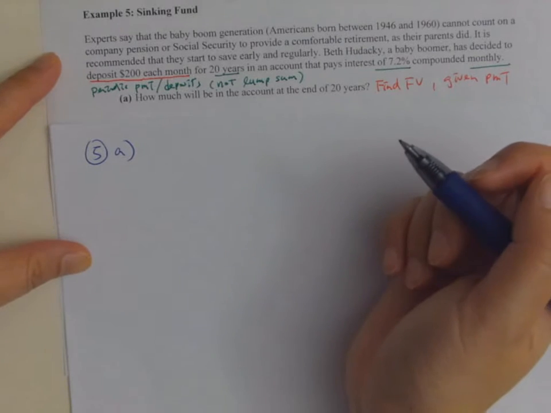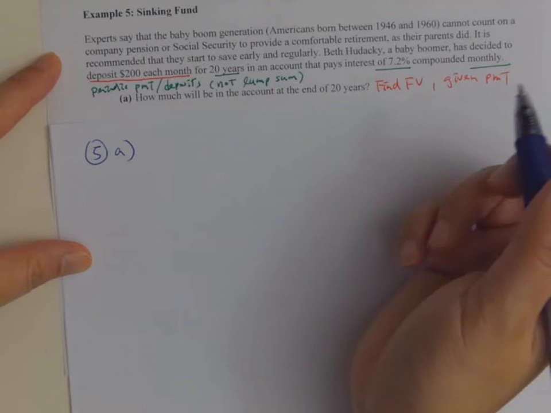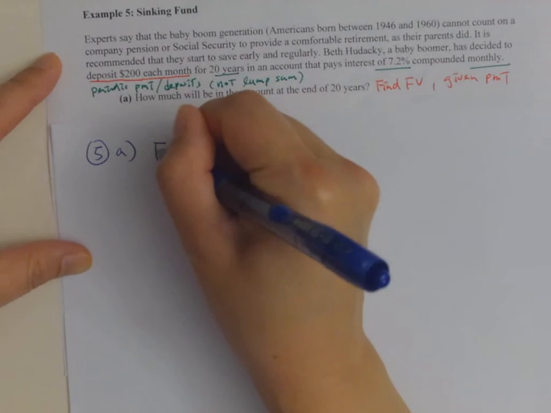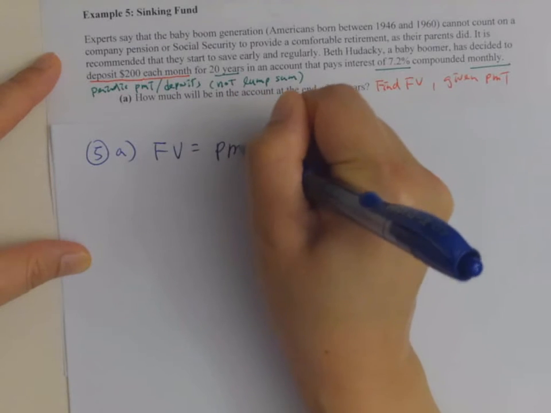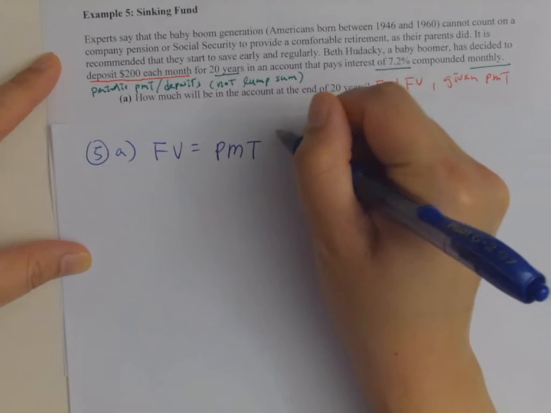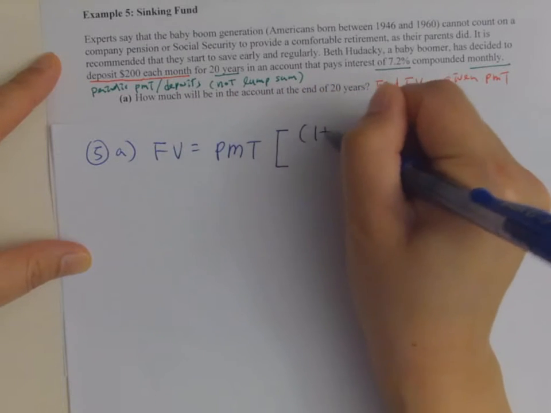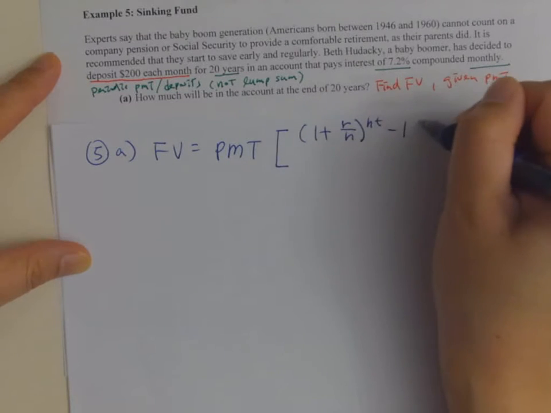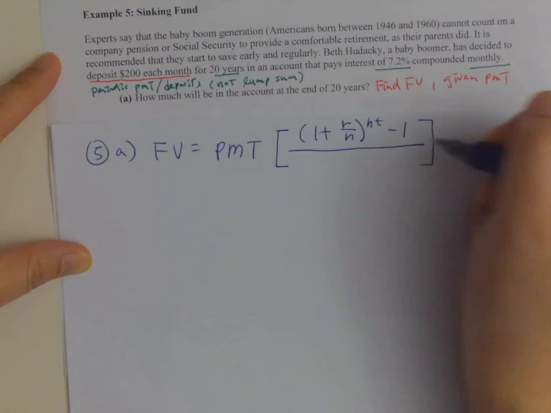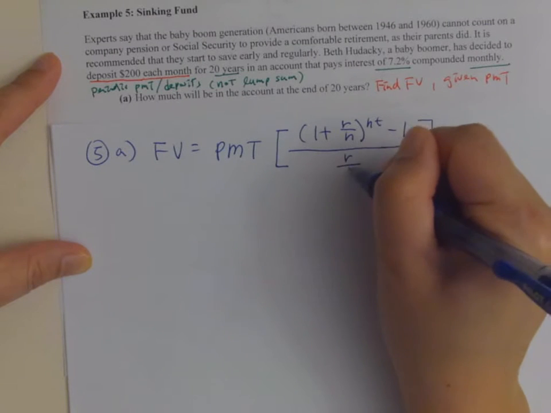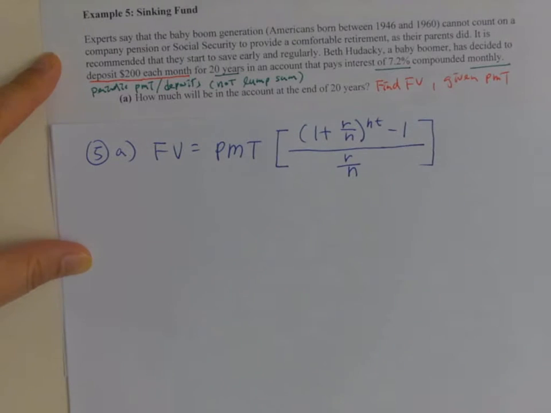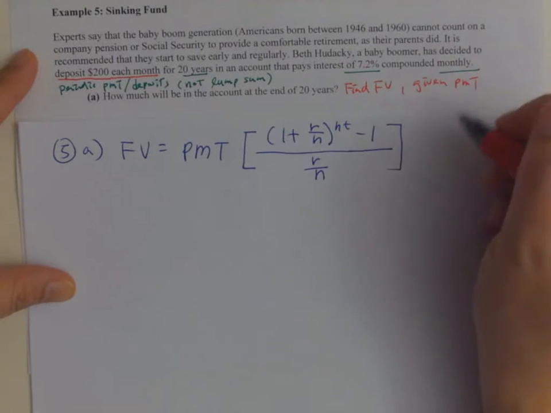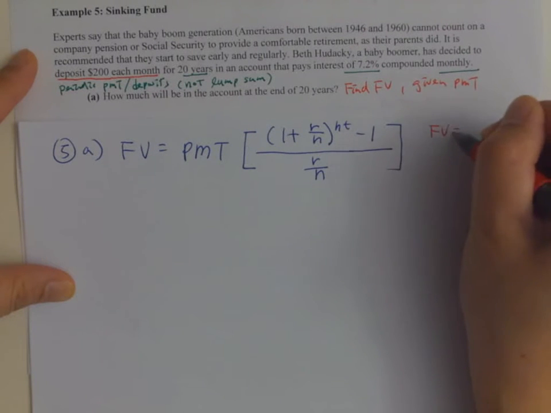So here the formula says future value equals payment times (1 plus r over n) to the nt, minus 1, all divided by r over n. I always write down the formula and I would suggest you do the same when you take an exam, so in case something goes wrong, I can still give you some partial credit. Let's write down what we know. We don't know the future value yet.